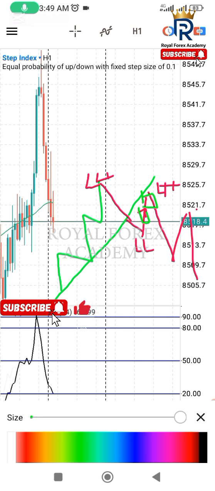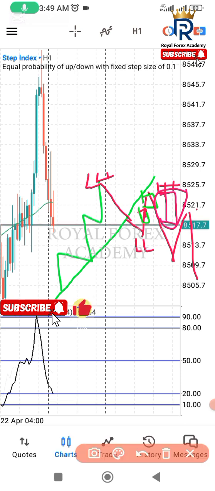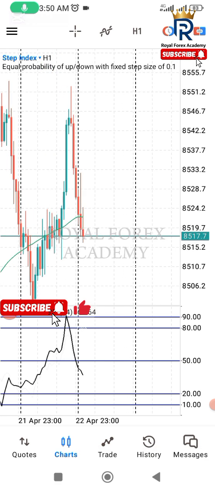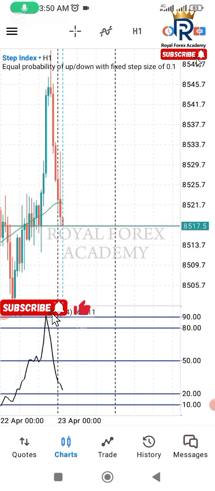And once we get that bullish candle, we will now need a bearish confirmation to take price back to the downside. So this bearish confirmation can now be either a bearish engulfing candle or a bearish pin bar candlestick formation. So this is exactly how we can take advantage of this particular scenario.